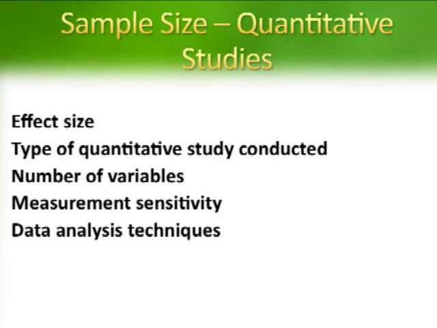The minimum acceptable level of power for a study is 0.8. This results in a 20% chance of a type 2 error. And we're going to talk all about this when we do our statistics lectures. But a type 2 error is that the researcher did not find a difference even though one exists.